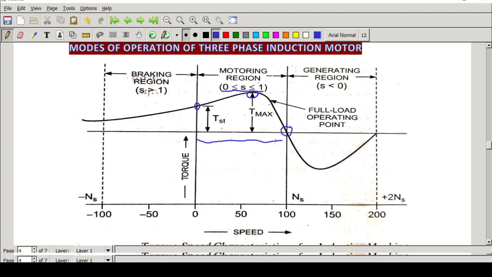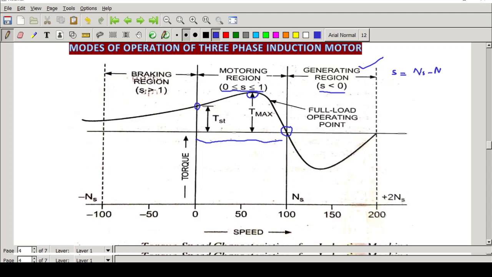Other than this, there are also the braking region and the generating region. In the generating region, you can see slip is less than 0. How can we make the slip less than 0? Slip is given by the equation (ns minus nr) by ns.